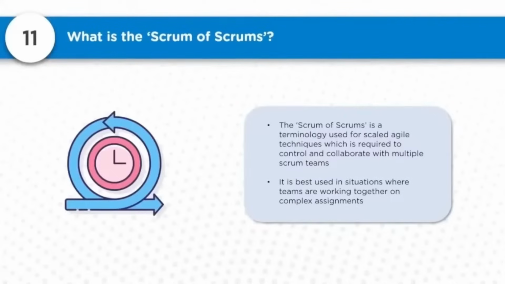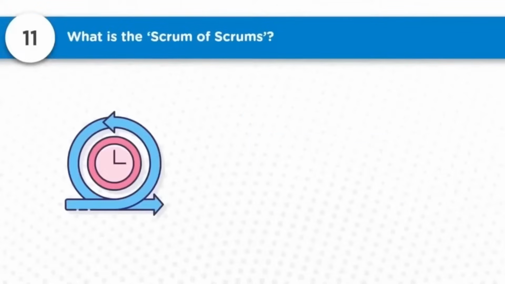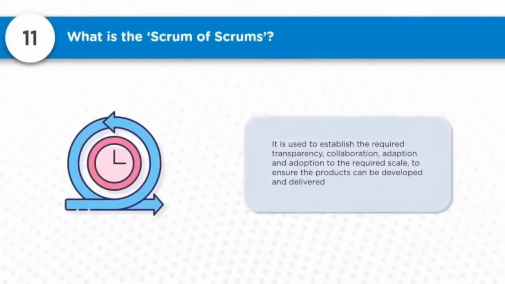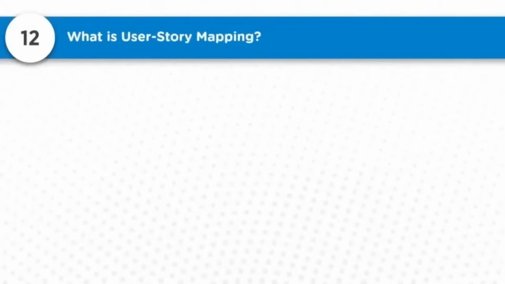So scaling the methodology to that level. So it is used to establish the required transparency, collaboration, adaptation to the required scale to ensure the products can be developed and delivered. So whatever products we consider to be delivered, those need to focus on the business objectives, which is very essential.